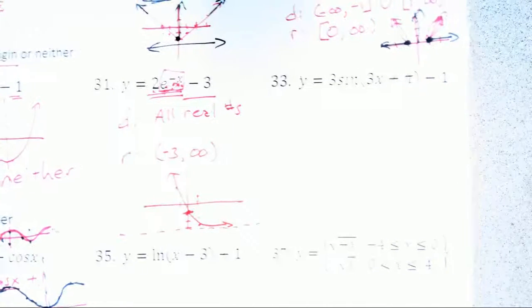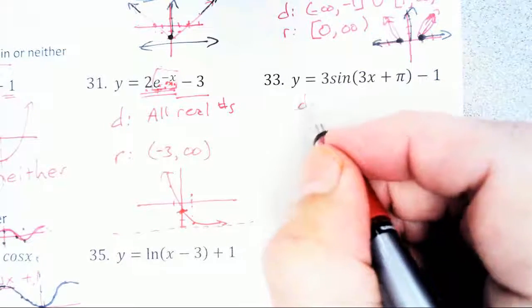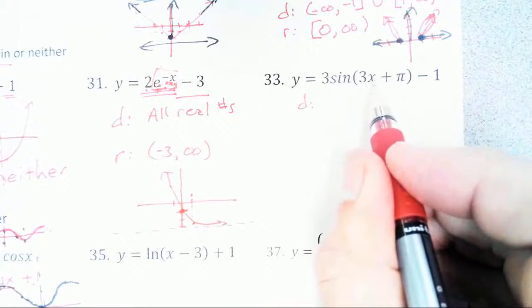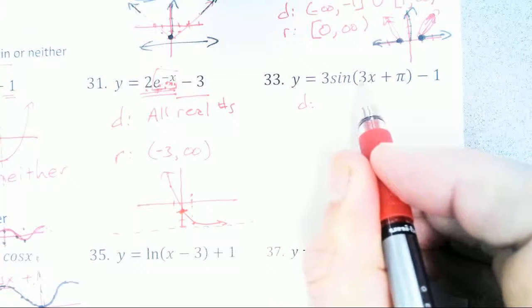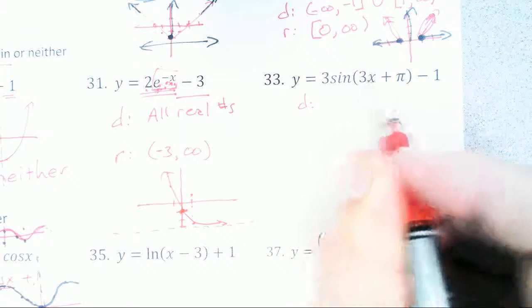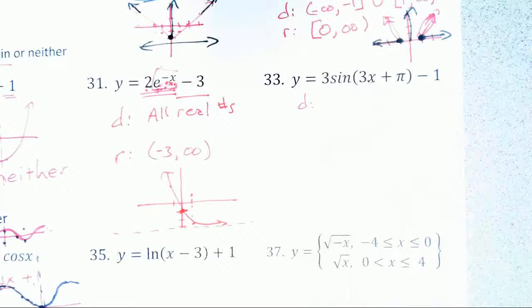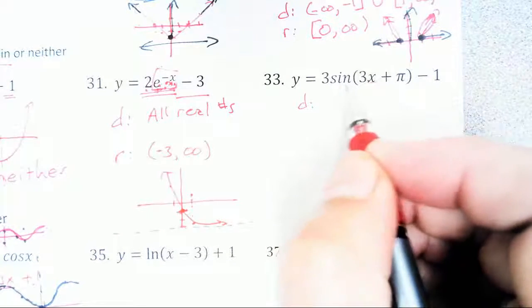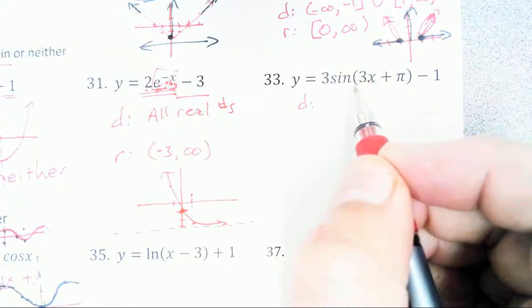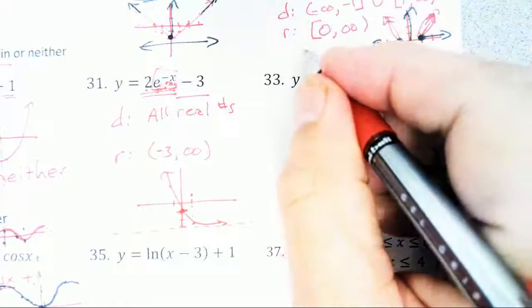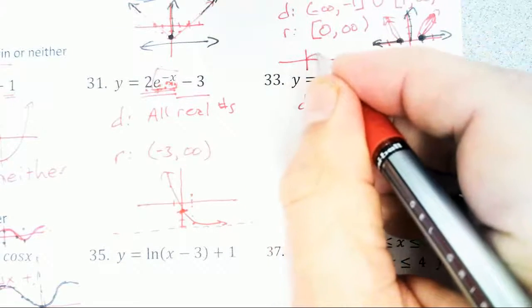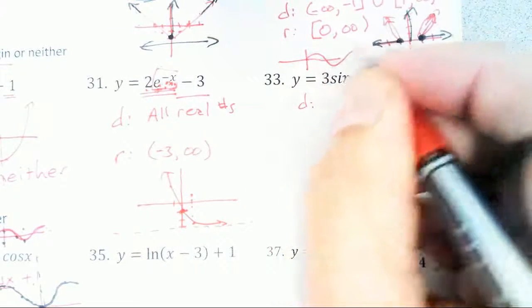Okay, how about this? Can I multiply any number I want by x, or by 3? Yeah, any number. Positives, negatives, 0. Can I add pi to any number I want? Yeah. Can I take the sine of any number I want? Yeah, the graph of sine lives on forever. The graph of plain old sine looks like this.